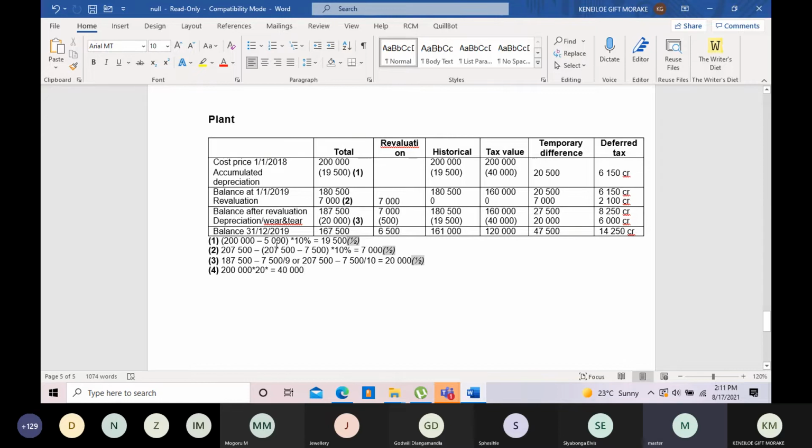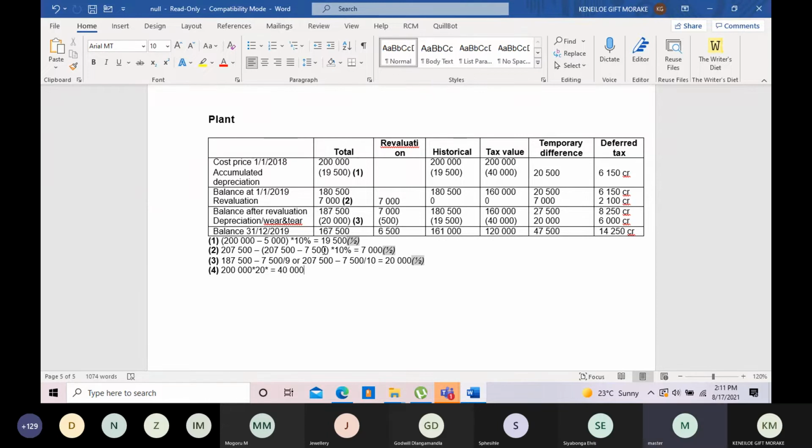It is multiplying the in-brackets amount. It is multiplying the 207,500 minus 7,500 only. That is why you see the brackets there.